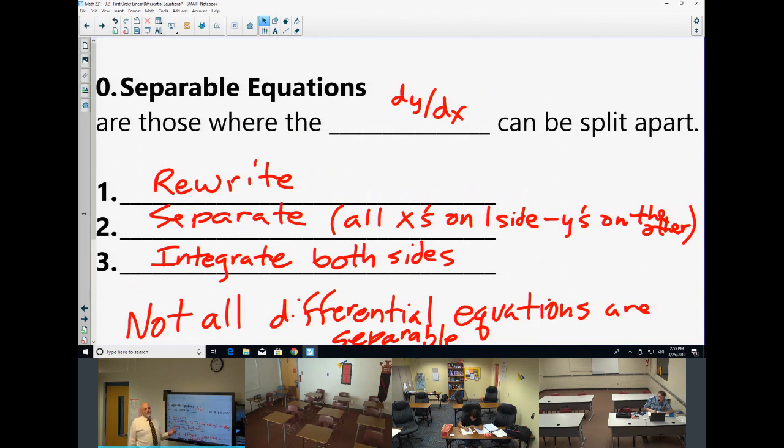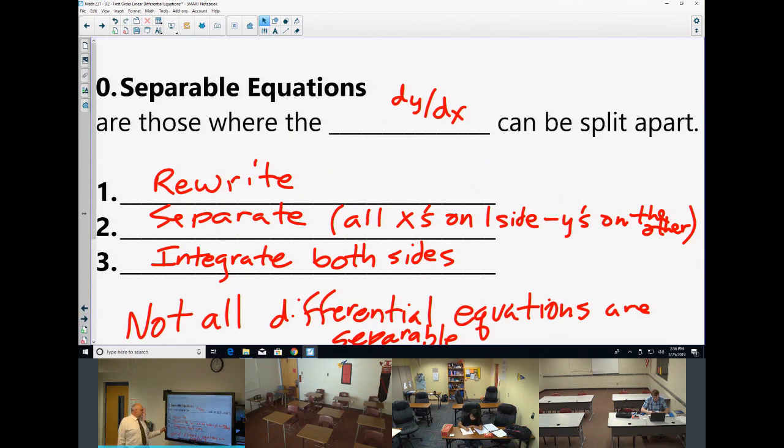Why do we need to rewrite it? Well, it goes to the second part. Our goal is to separate the equation so that all the x's and dx's are on one side, and all the y's and dy's are on the other side. And then once we do that, we integrate both sides.